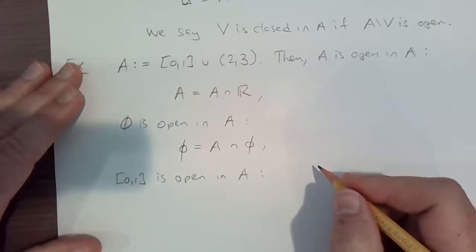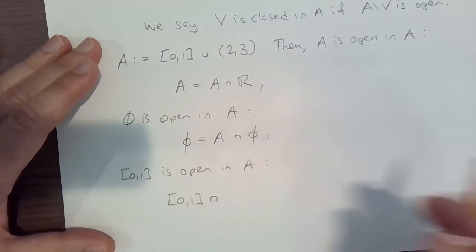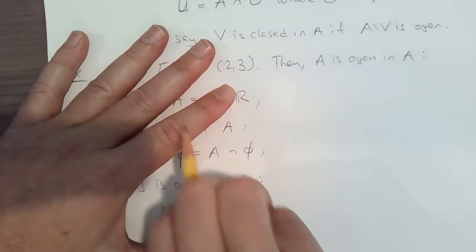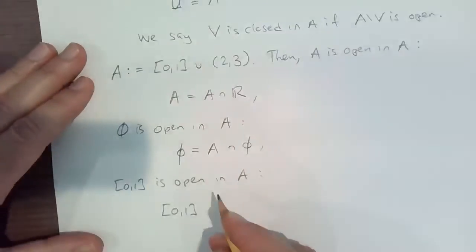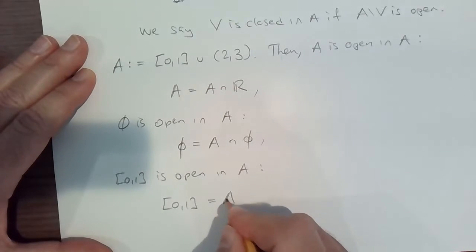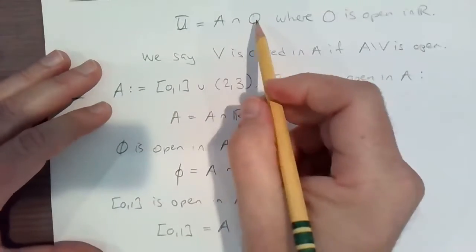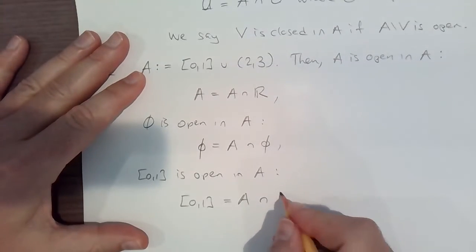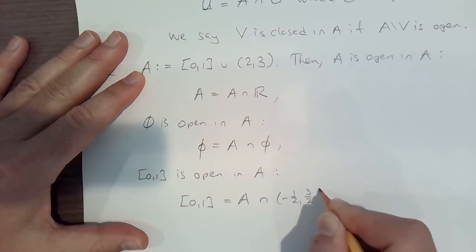And why is that open? Well, I want to be able to write 0 to 1 in this form here. And I can: this is equal to A intersection with another open set in R. What could I choose? Something like minus a half to 3 over 2.